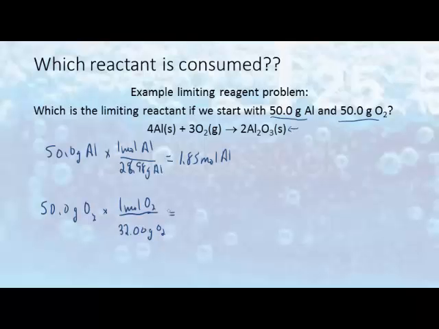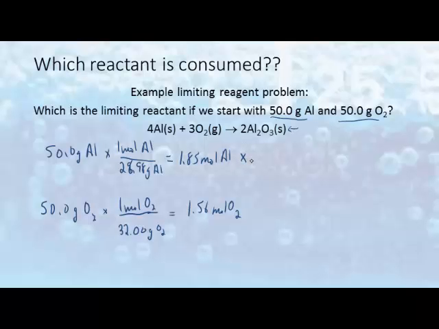That'll be a smaller number of moles because the molar mass is greater, so it's 1.56 moles of O2. The easiest way to determine which of these is the limiting reactant is to calculate how much aluminum oxide you would make from each of these 2 different molar amounts of reactants, and whichever one's smaller tells you which one the limiting reactant is.